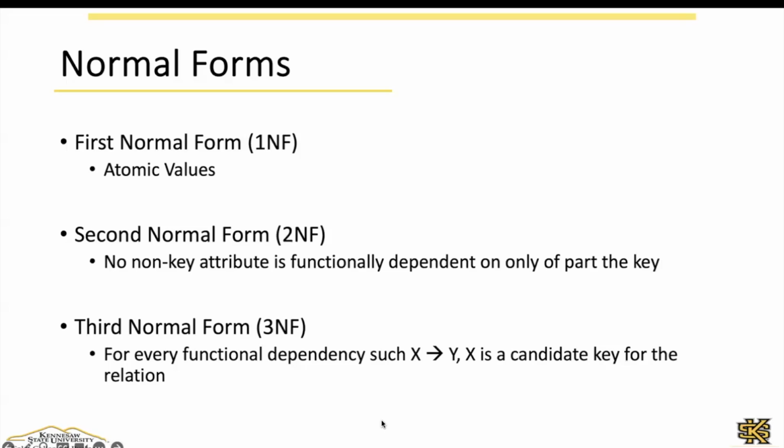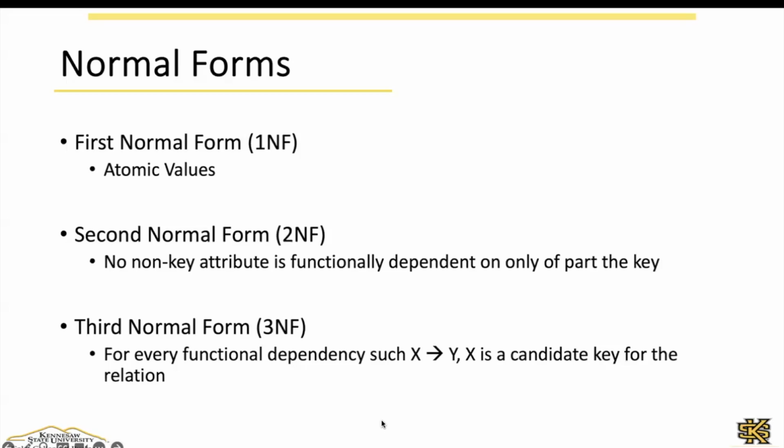Let's first start with the first normal form, which we call 1NF. A relation is in the first normal form if all values in the relation are atomic. This means that each attribute must have a single indivisible value. No attribute can contain a set of values or repeating groups.